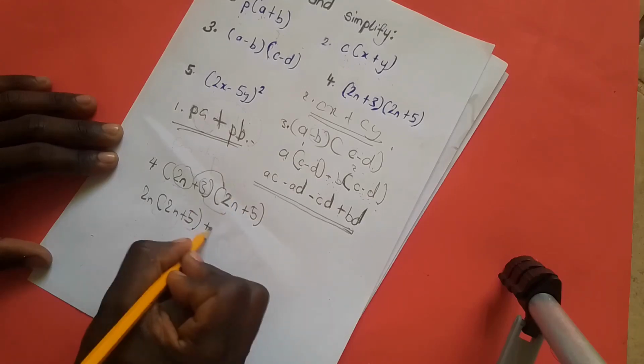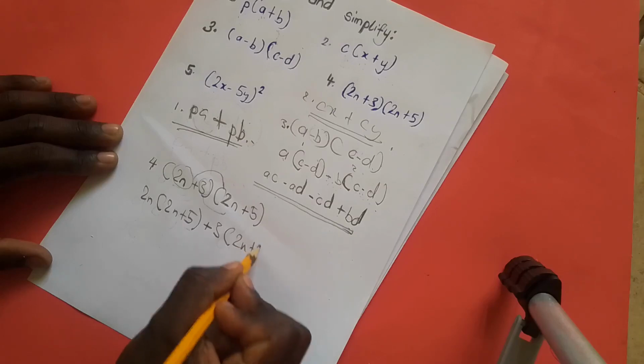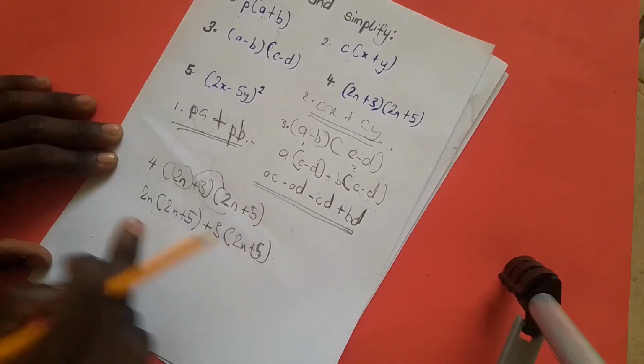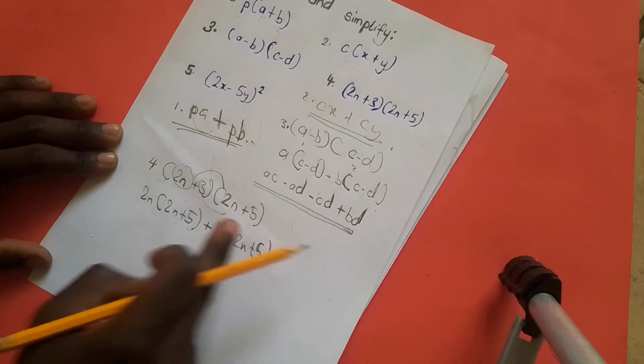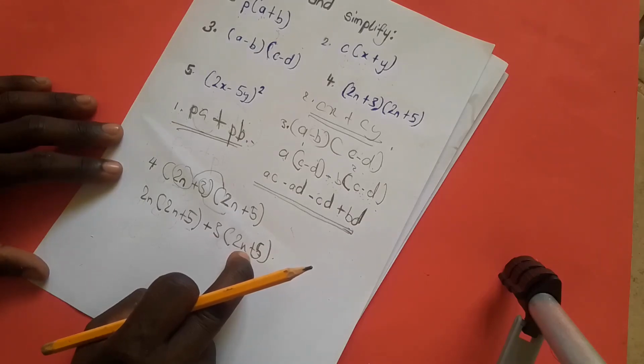So then we're saying plus 3, bracket 2n plus 5. So this bracket is coming in twice, 2n second bracket plus 3 second bracket. Right, I hope this is clear to everyone.